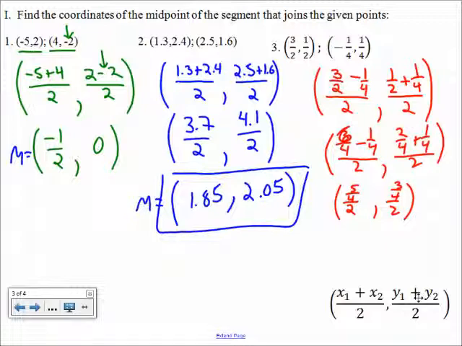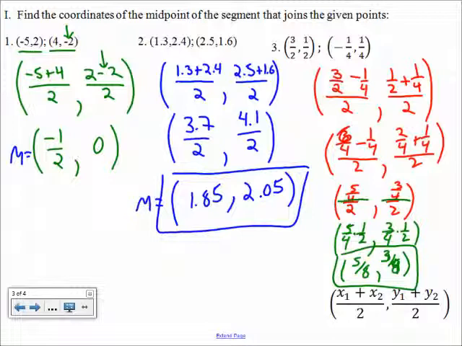Now recall that when you're simplifying fractions, division is the same as multiplying by the reciprocal. So this is really 5/4 times 1/2, and this is really 3/4 times 1/2, which gives me 5/8 and 3/8. My last midpoint.